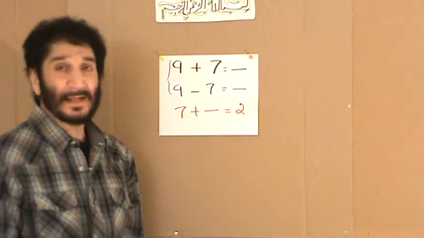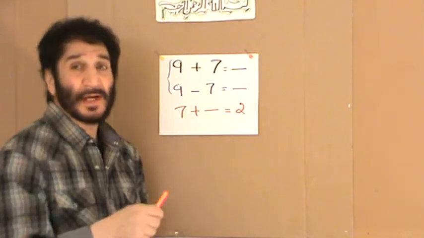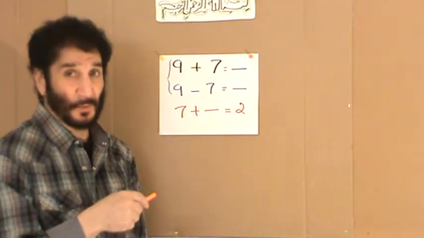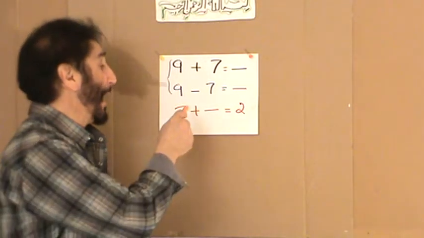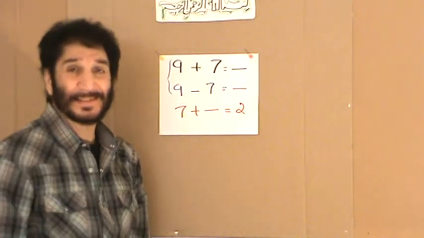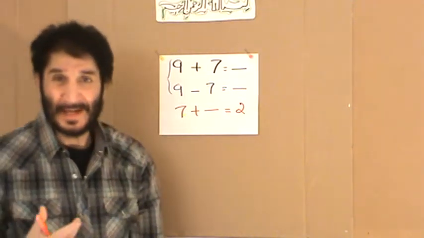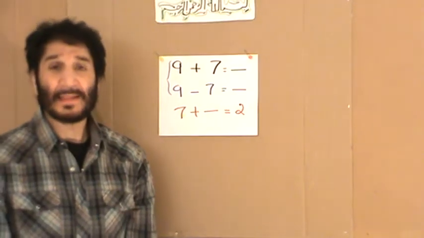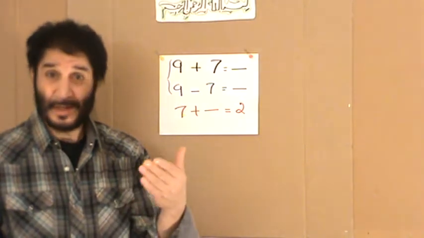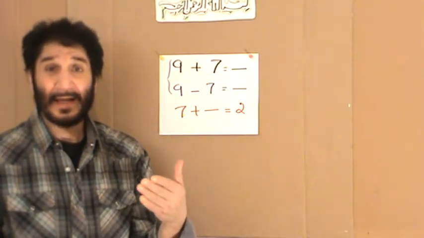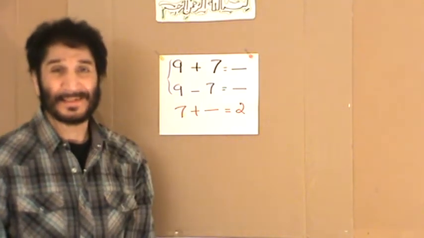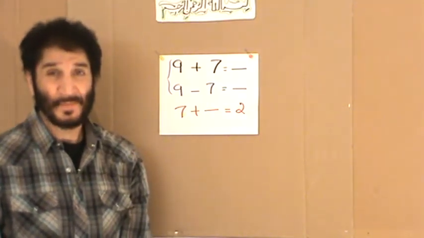So he has learned that if you add two numbers, the summation will be bigger than either of the two. And here you're adding something to 7 and the result is less than 7. So he hesitates and looks at you. And even the keys of the calculator that he has in his hand and he played with cannot help him to answer this question. Do you follow me? Okay.